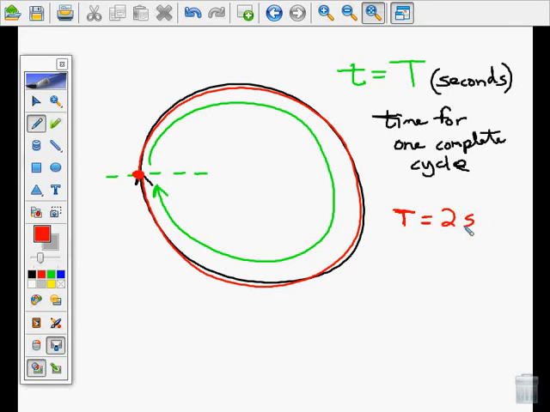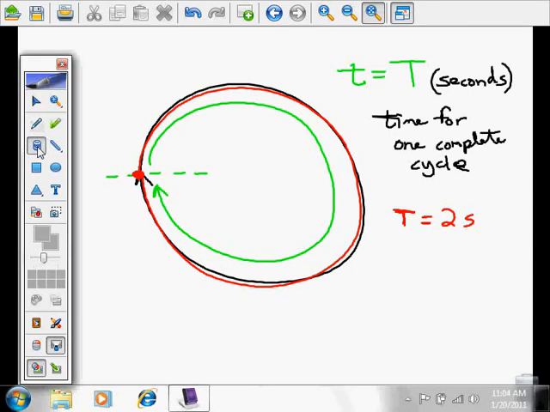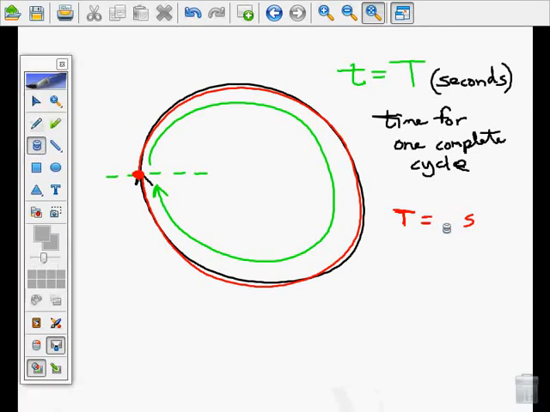Actually, you know what? Let's go back and let's make it be 1/2 second. So it goes all the way around in 1/2 second.